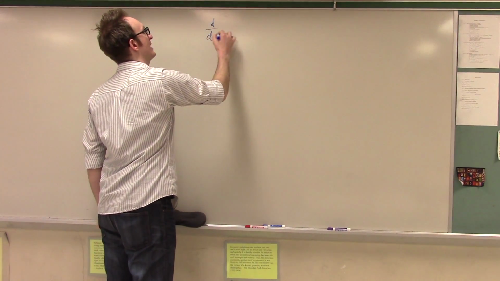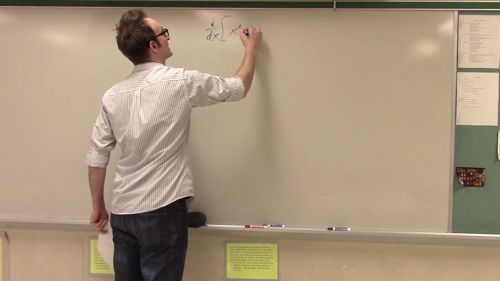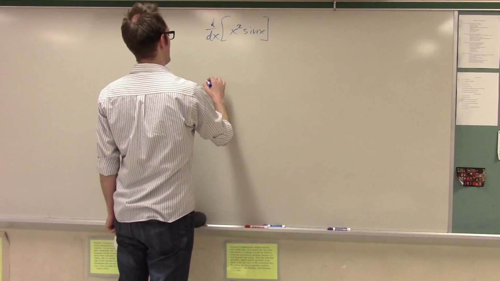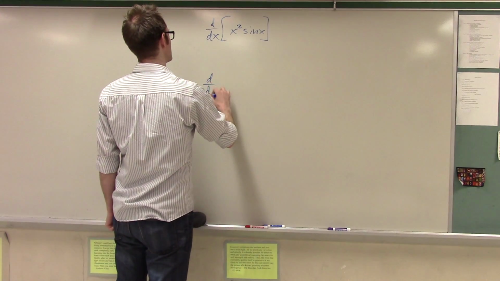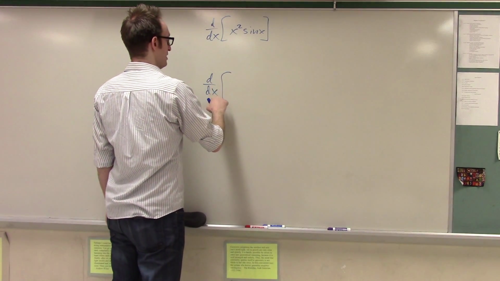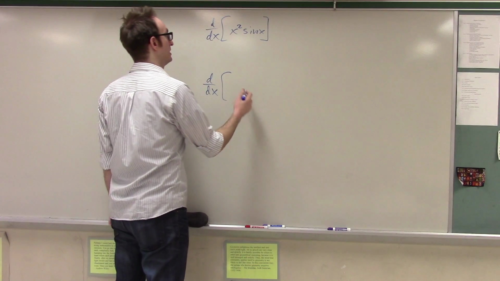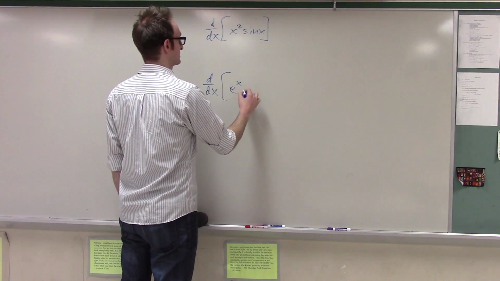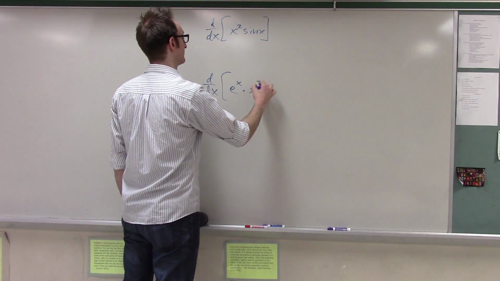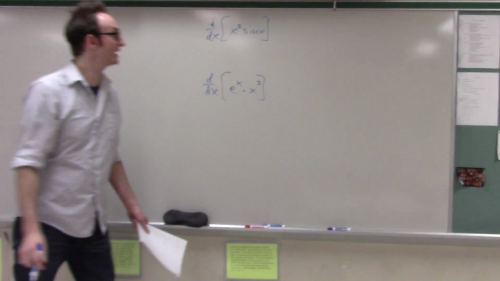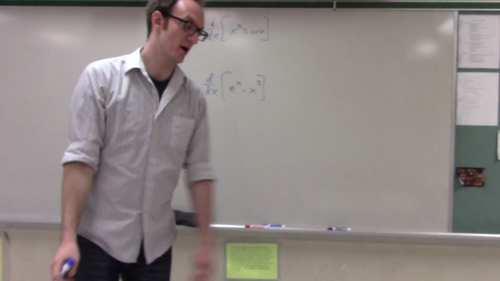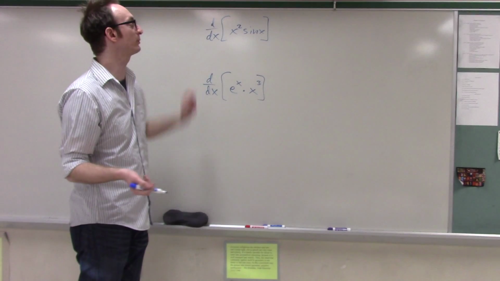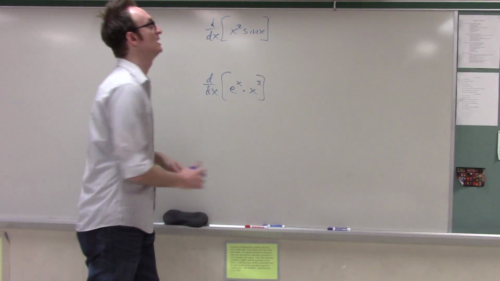There is the example that I opened the class with, x squared sine x, and maybe we'll do one more example. What is the derivative of, for example, e to the x times x cubed? These are both functions which can be thought of as the product of simpler functions which I know how to differentiate.